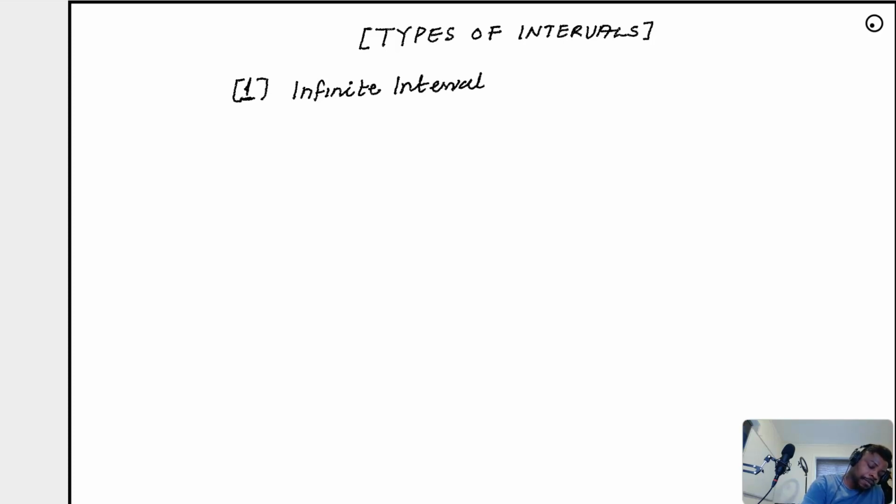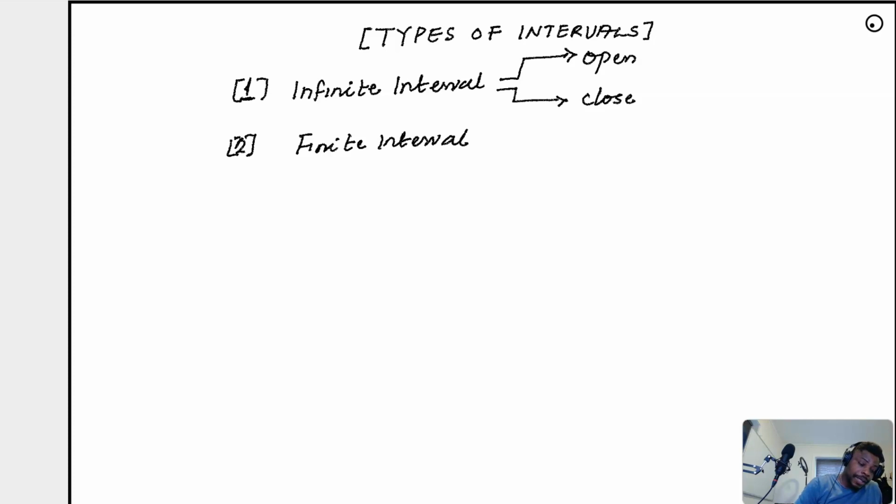This infinite interval can be classified into two. You have open infinite interval and you have closed infinite interval. Then number two, you have the finite interval. I'm going to explain this.